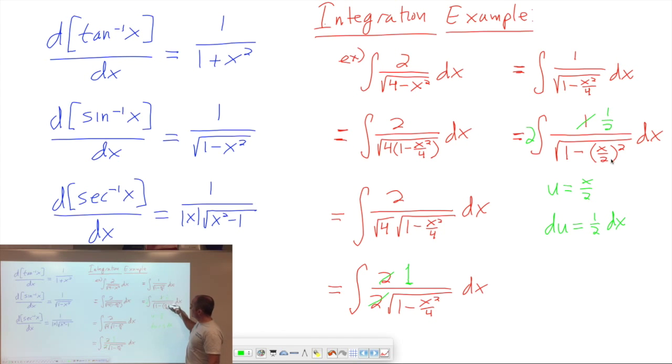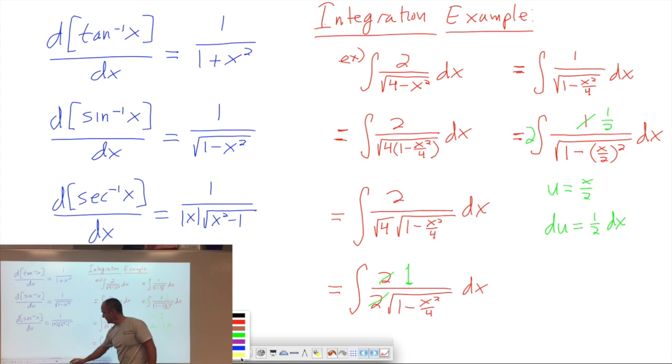You have to figure out what's being squared and see if you have that innermost function's derivative or if you can make its derivative appear by manipulating coefficients. Change the 1 to a 1/2, put a 2 on the outside to balance it.